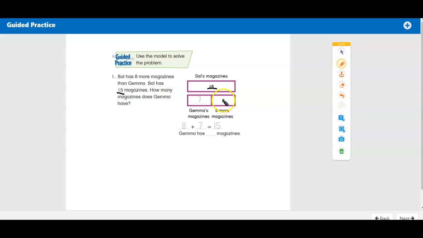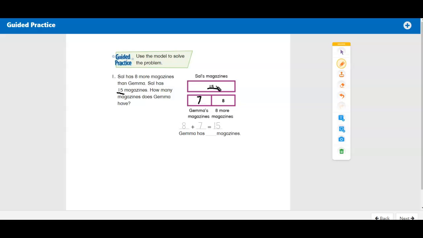So in the model, they wrote the number 8 to show that 8 more magazines Sal has. Then they filled in this part that was missing. Blank plus 8 equals 15. They solved that 7 plus 8 gives us 15.